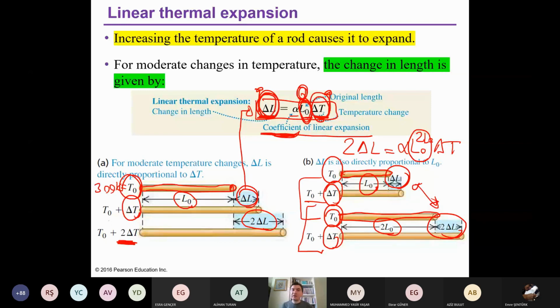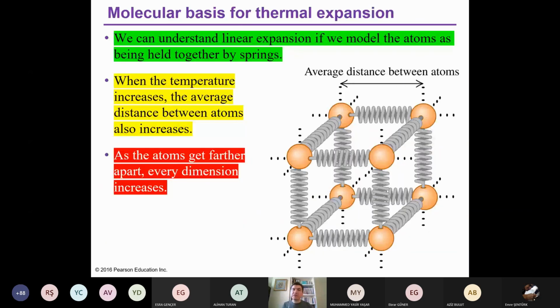And what about the molecular basis of thermal expansion? Here you can consider that there is a crystal, and these are the atoms on the corners. Let's consider that these atoms are connected by springs. Actually this is not the case, but this is just a representation.